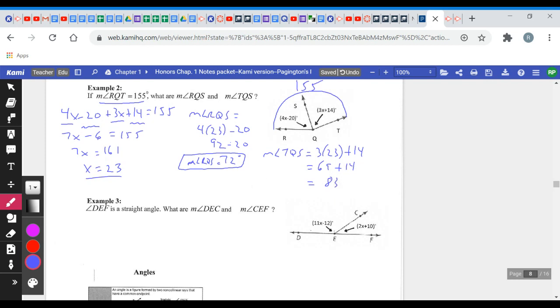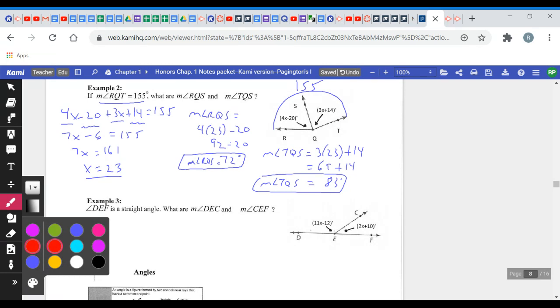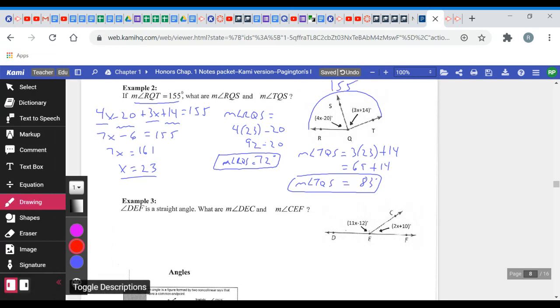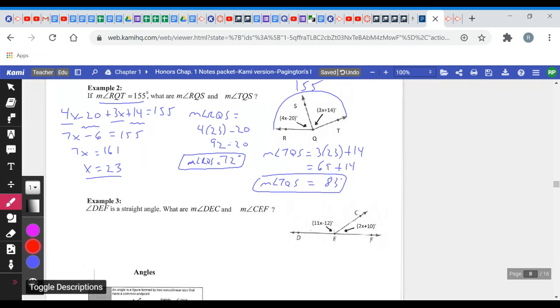And then remember, like we talked about with section 1.3, see if you can think of a quick way to double check that you did all that work correctly. So measure angle TQS is 83. And again, a quick double check would be just adding up these two angles, 72 plus 83, and making sure that that gives you 155, which is what we said the whole angle should equal.